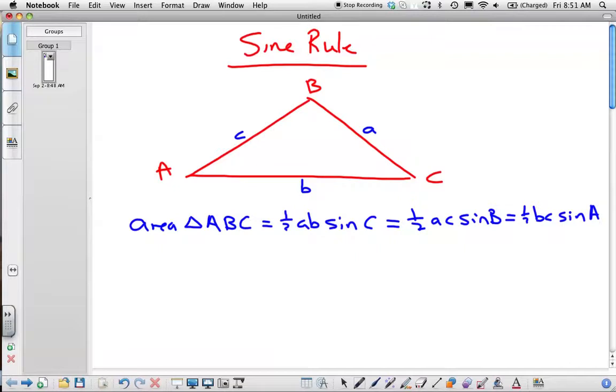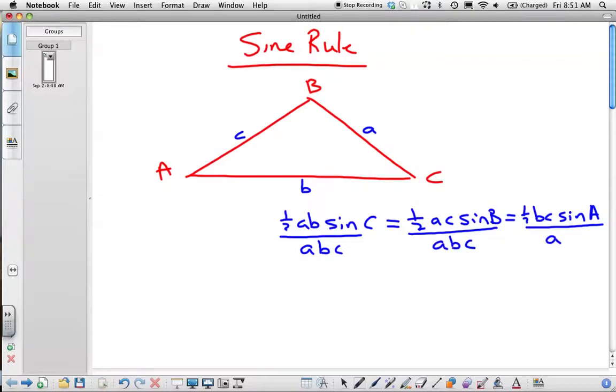Now, because these are all equal, this is actually one big equation. I'm just going to remove this and look at these three parts. Because it's one big equation, there's a number of equations here, but I can divide all of these through by abc, and also I can multiply the whole equation through by 2.